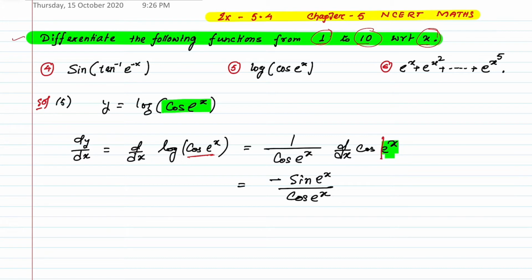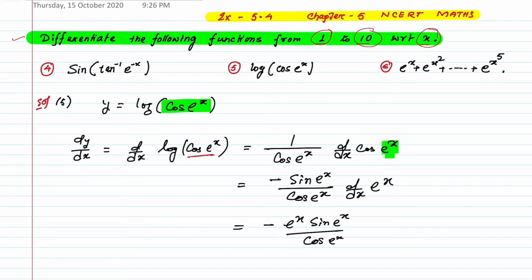Again, this is another function, so you have to differentiate it separately. The derivative of e to the power x is again e to the power x, so our final result will be minus e to the power x sine of e to the power x by cos of e to the power x.